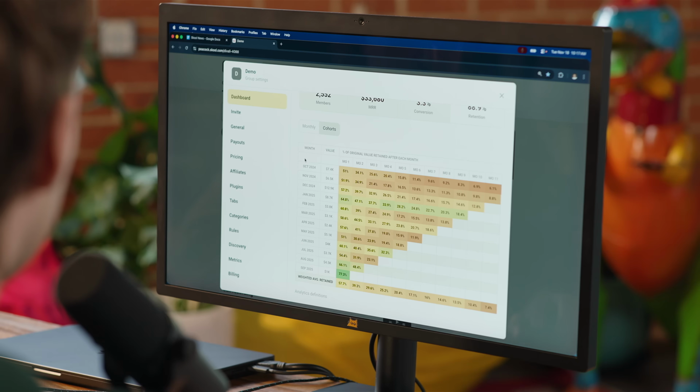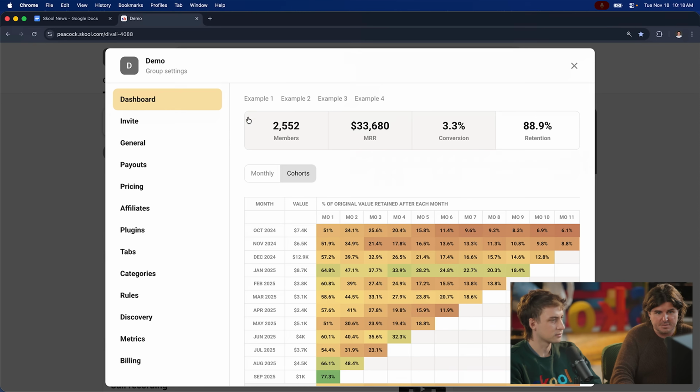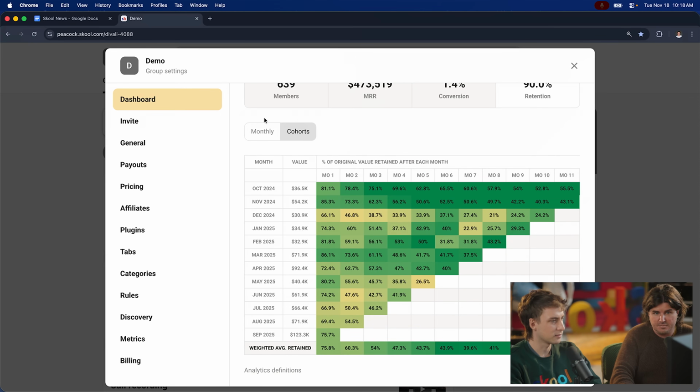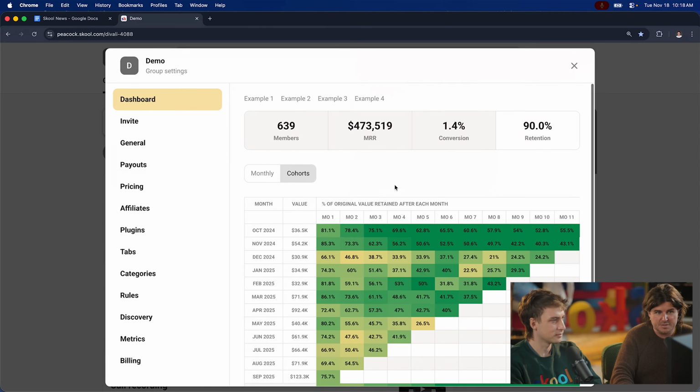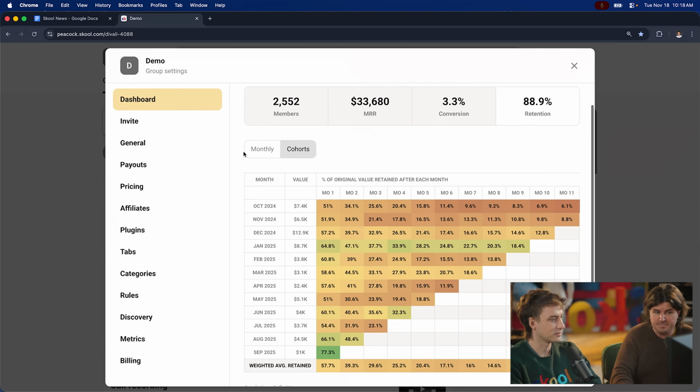So this is a good comparison, right? By month 12-ish, they've got like 7%, whereas this example has 55. Wow. But in month 1, this one loses like 25-ish%, but this one loses similar, right?